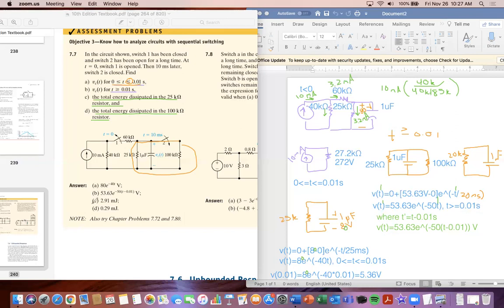And so what I'm going to do here is the energy in this 25K ohm resistor is going to equal the integral from 0 to 0.01, and I'll tell you why I'm using an integral here.